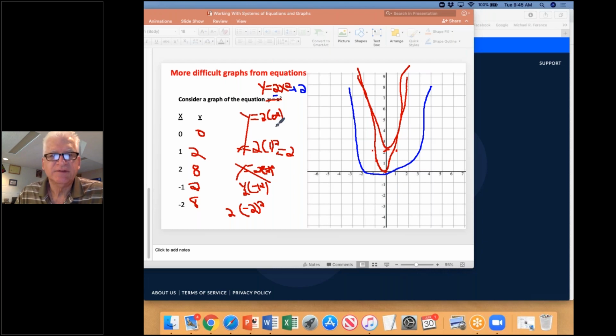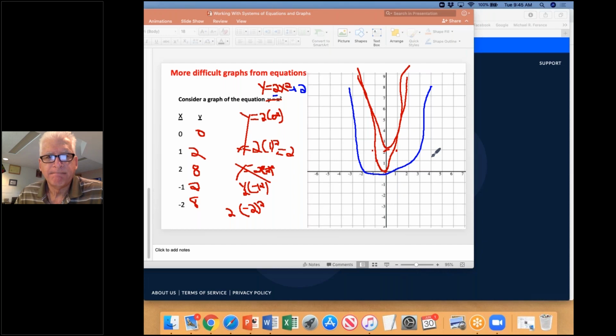Negative 2 times negative 2 is positive 4, and then times 2 is 8. That makes sense?